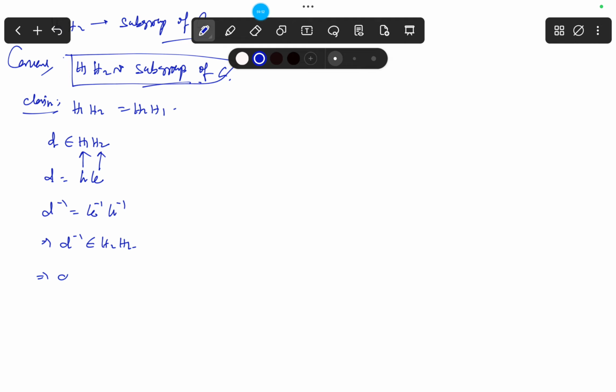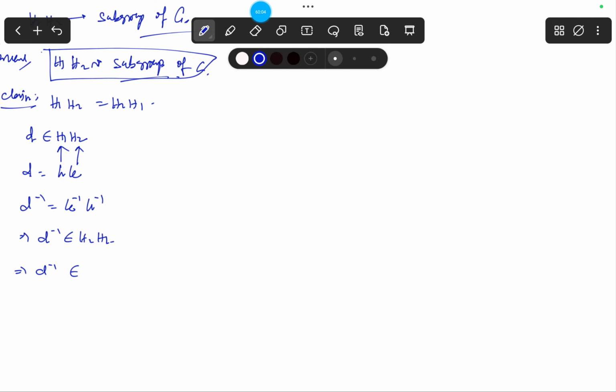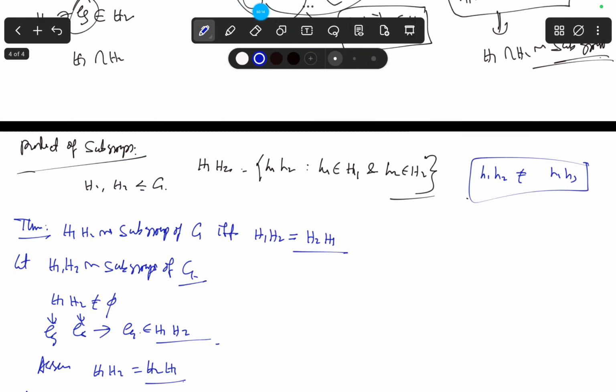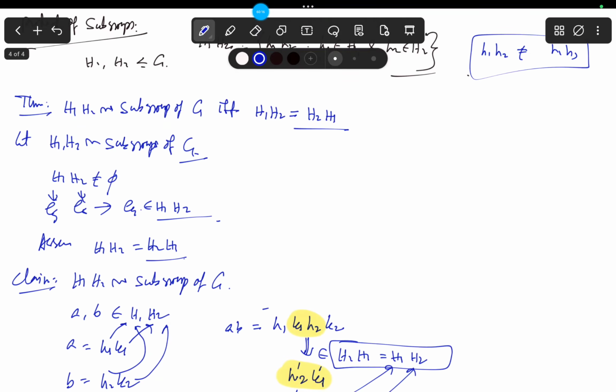That means D inverse must belong to H1 H2. So D inverse should be there in H2 times H1. Let me just check. Did I make any mistake over here? Okay, yeah.